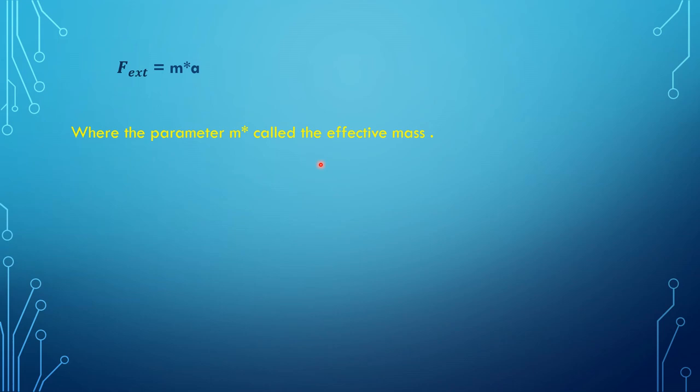That means for the electron and hole carriers, we modify the mass in such a way that the carrier responds only to the applied external field with this modified mass. Okay, so this modification of mass is called effective mass, right? So this is the basic concept of effective mass. I hope you understand.